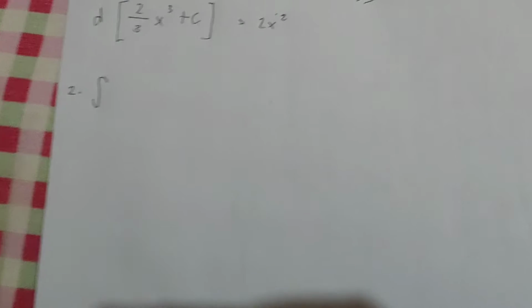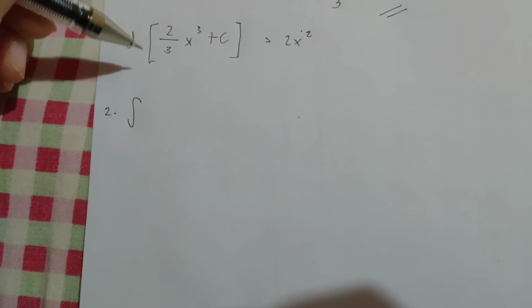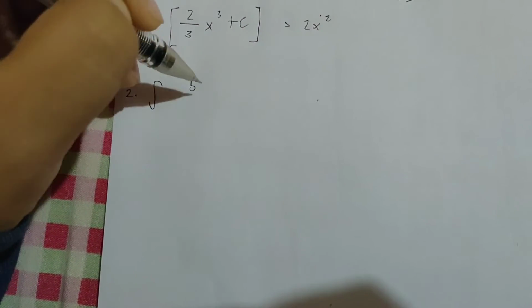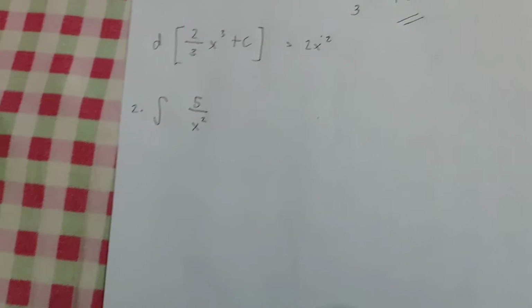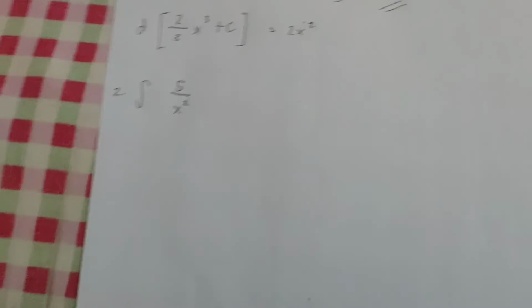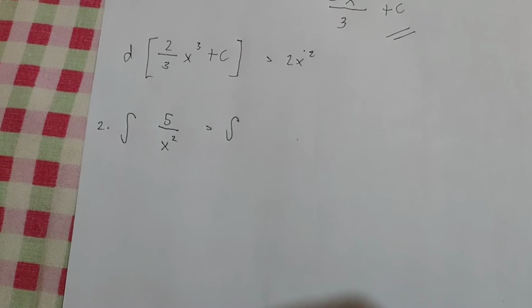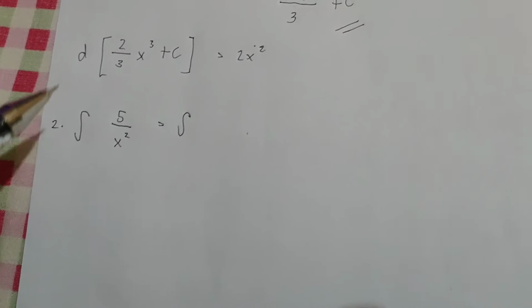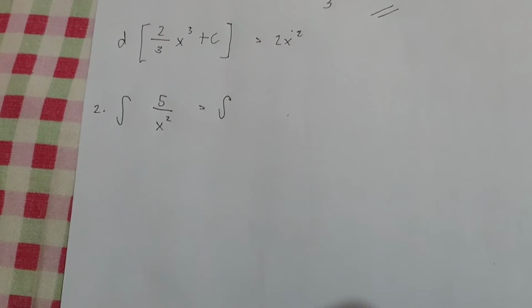Our second example is, we will try a fraction. Let's try 5 all over x squared. We will try to integrate the 5 all over x squared. To integrate, we all know that if we will not make this a fraction, the exponent should be negative, right?